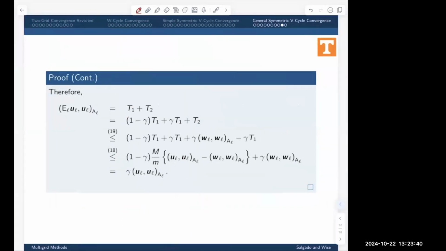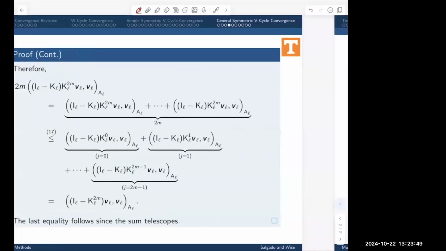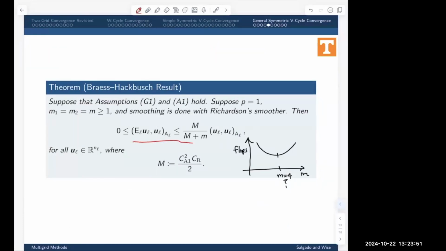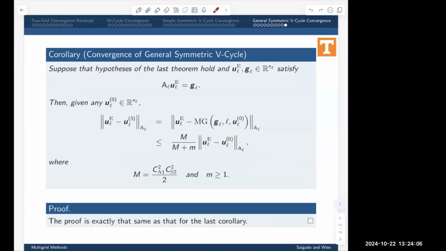Okay, so now, as before, this by itself doesn't represent a convergence estimate. This estimate that we have here doesn't appear to be a convergence estimate. But what we want to show now is that actually that is a perfectly good convergence estimate. And there's nothing to do here really, because the details are fairly similar to what we did in the proof of the simple symmetric V-cycle at the very end. So what do we do?